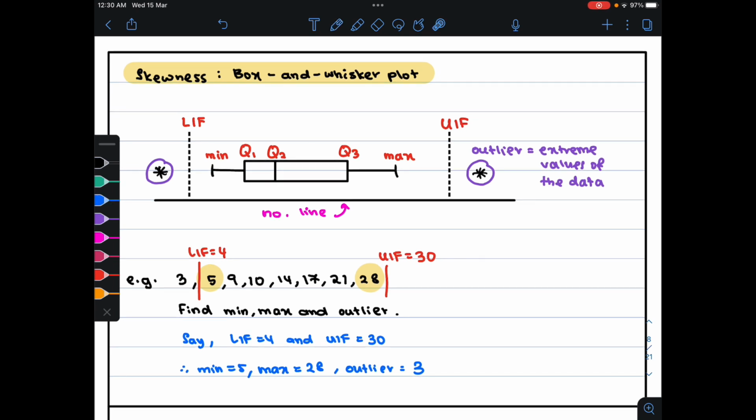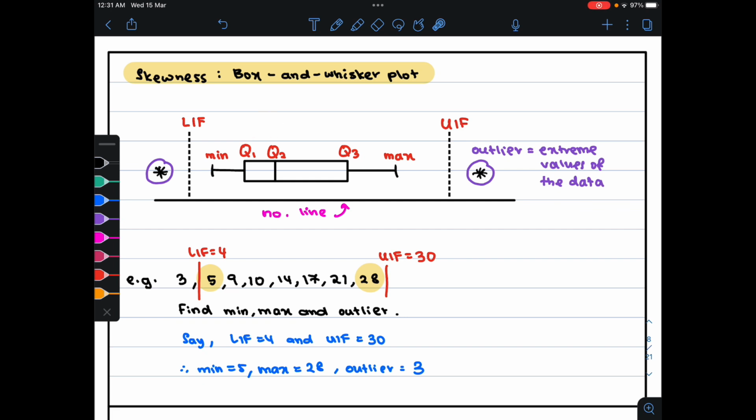So before I forget, let's try and understand the significance of this box. Here is Q1, which means P25, and Q3, which means P75. So P75 means this is the 75th percentile, and this one right here means 25th percentile.